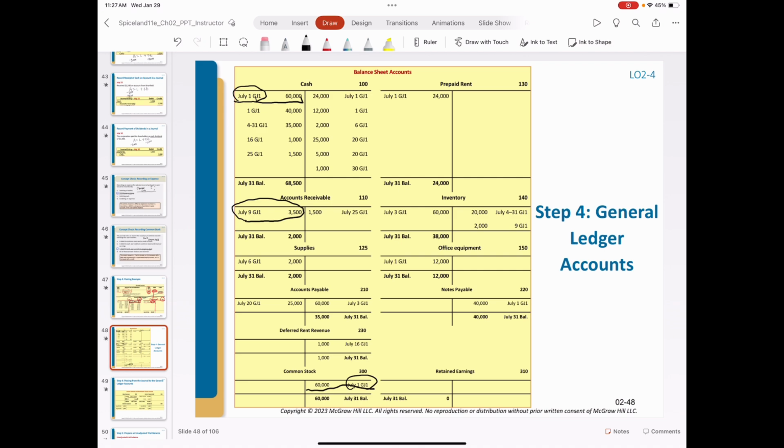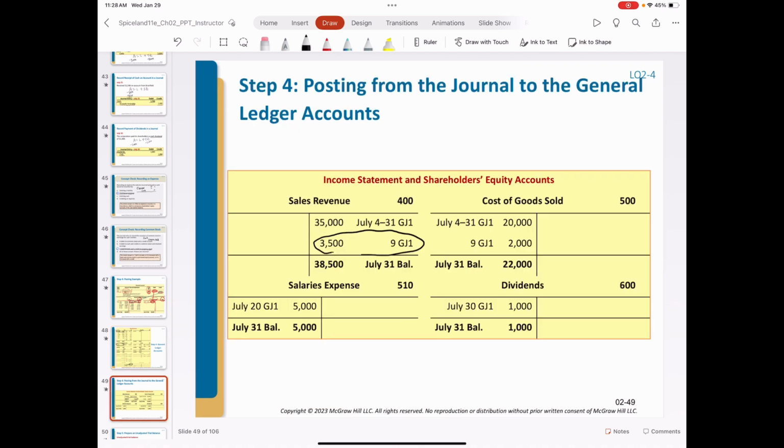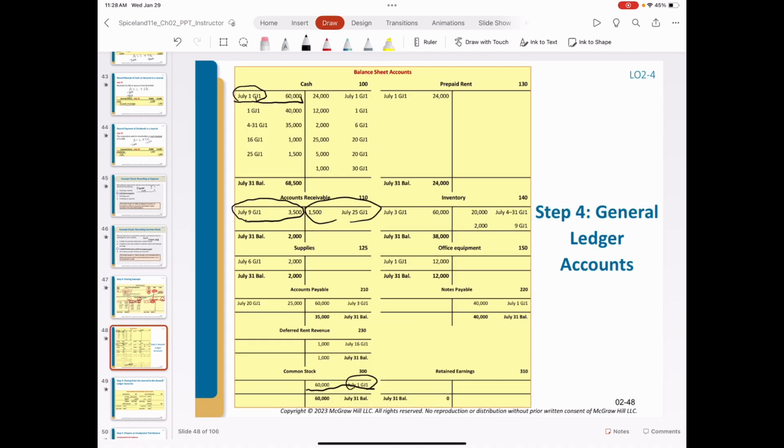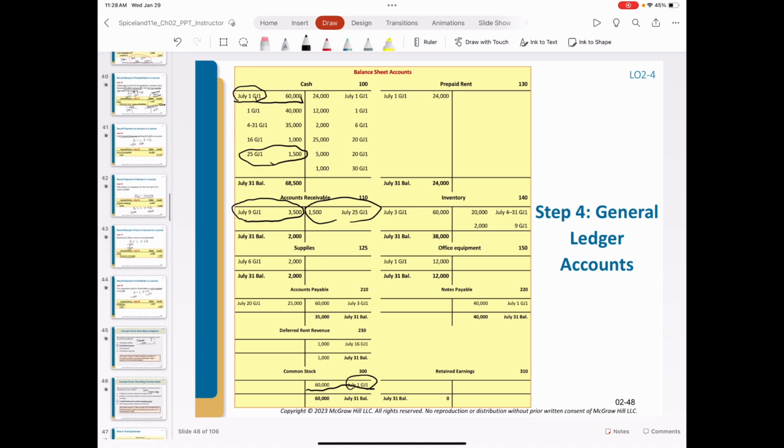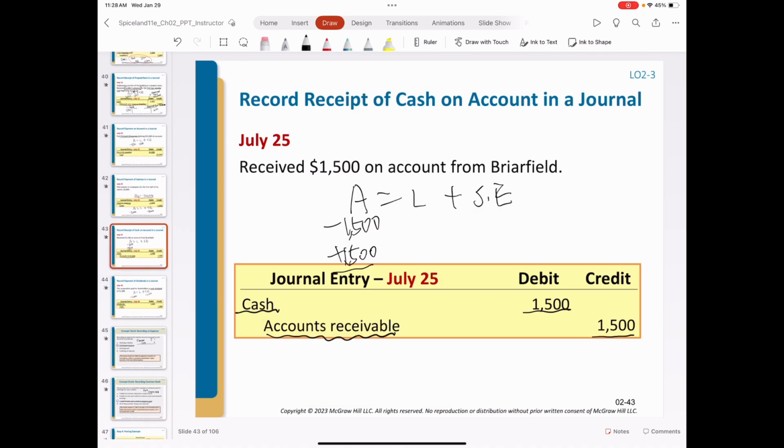Both on July 9th, General Journal 1. On July 25, the company credits accounts receivable and debits cash. And this transaction is from this one. We debit cash, credit accounts receivable.